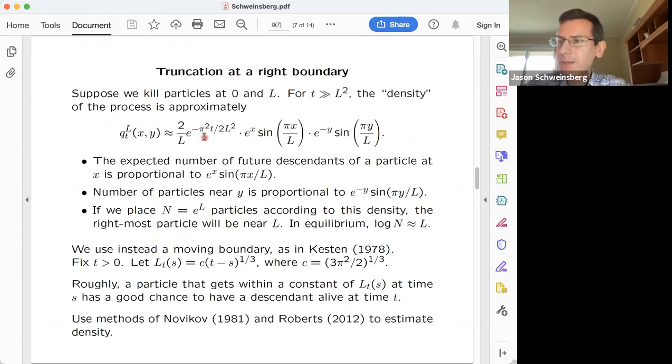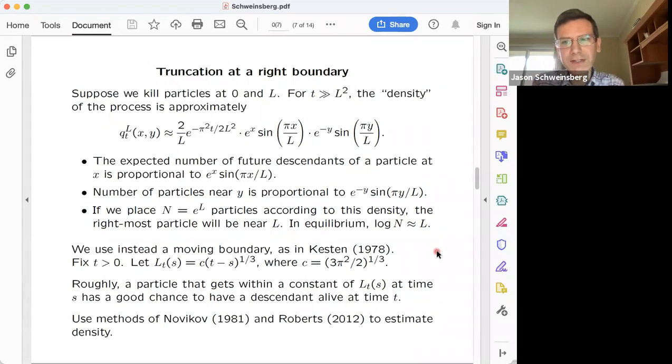Notice here, though, that the number of particles is decaying exponentially at rate pi squared over 2L squared as the process moves towards eventual extinction. And so to keep the position of the right boundary close to the logarithm of the total number of particles, we need to move the right boundary closer to the origin over time.